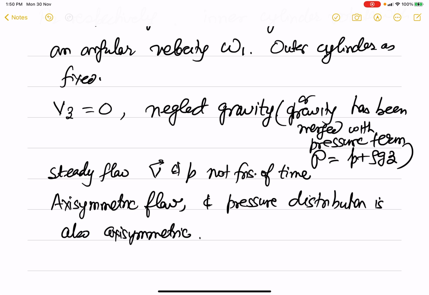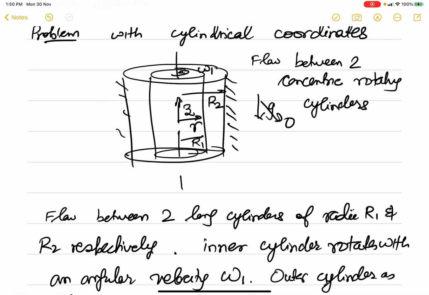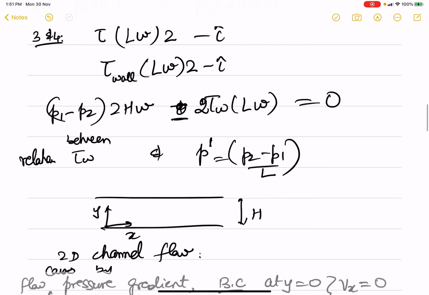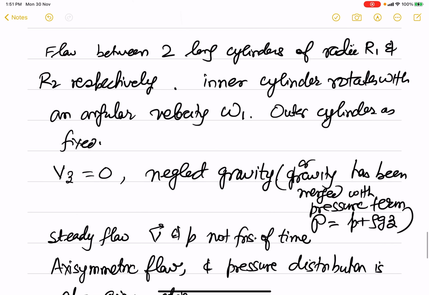And then we also specify that since the cylinder is long, z direction can be considered as infinity, and this will imply that partial v by partial z is equal to 0. So this is all what has been given to us.